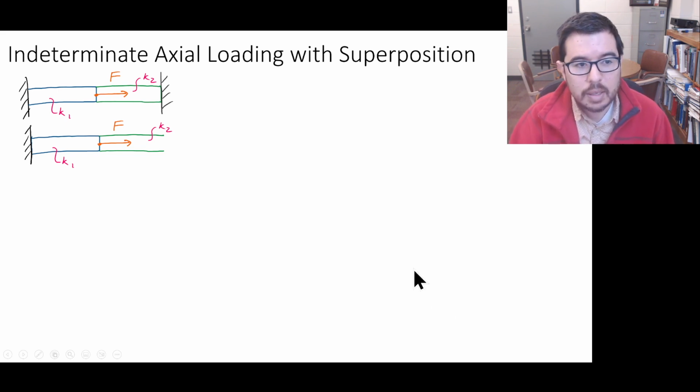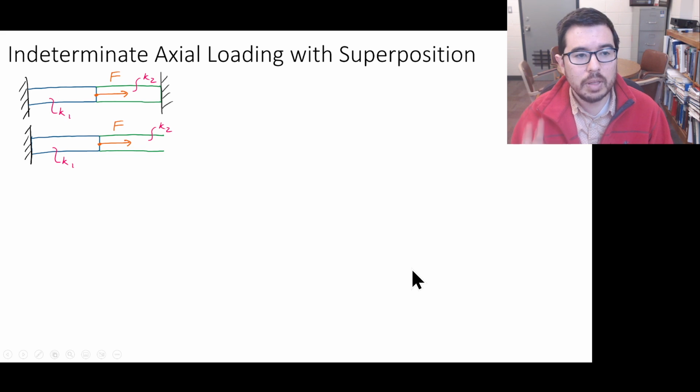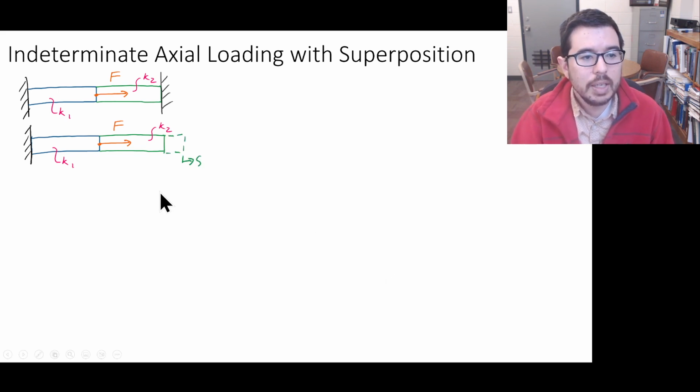In this case, we're still going to think about springs, but we're going to think about the problem differently. What we're going to do is say, get rid of the constraint on the right side. Just let it go. Apply the force, and let's think about what the displacement is without this constraint.